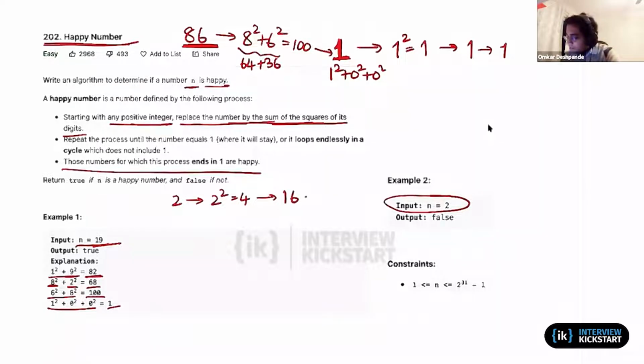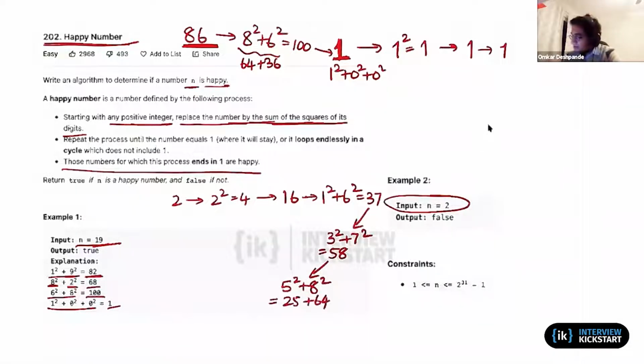The next will be 1 squared plus 6 squared, which is 37. Then 3 squared plus 7 squared, so that's 9 plus 49, which is 58. Then 5 squared plus 8 squared, which is 25 plus 64, which is 89.